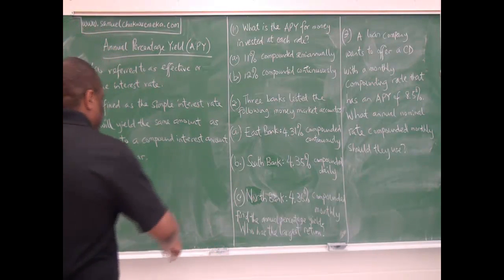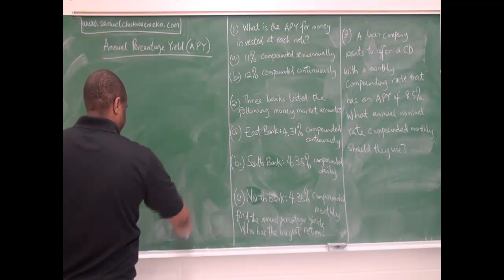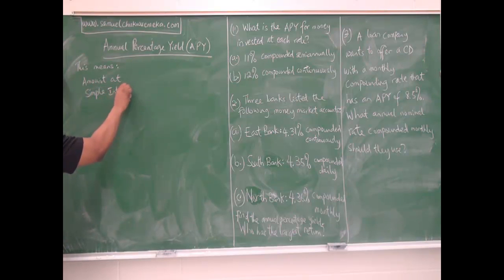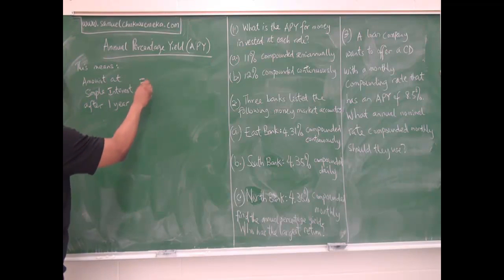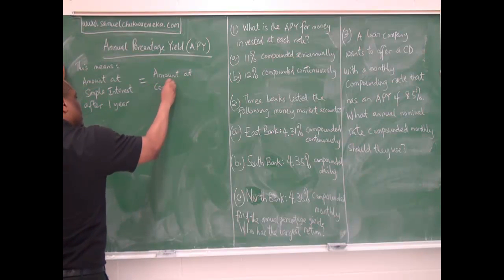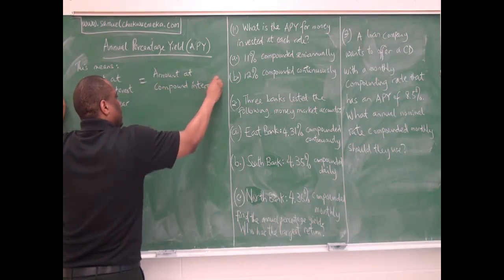Okay, so let's derive the formula. In deriving the formula, let's look at the amount at simple interest after 1 year, which should give us the amount at compound interest after 1 year.